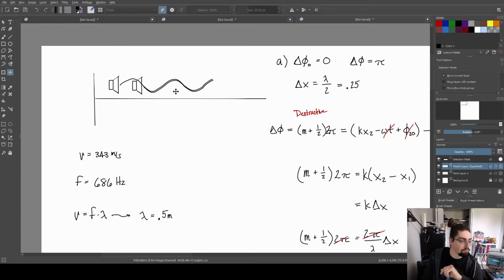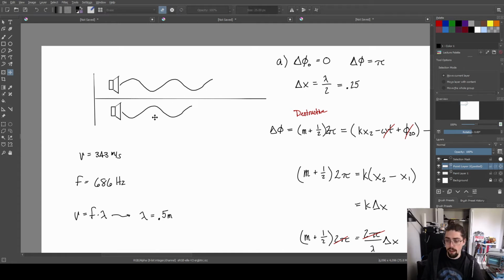Same answer as before. We have shifted our phase constant difference by pi, but we have also shifted our desired phase by pi. And in doing so, we're essentially just getting into the same scenario again. We need to be 0.25 away from each other.